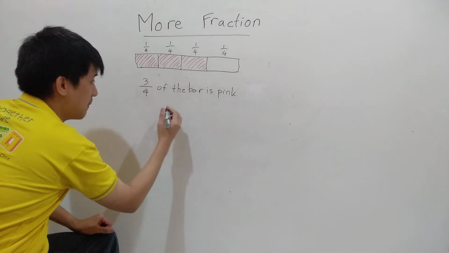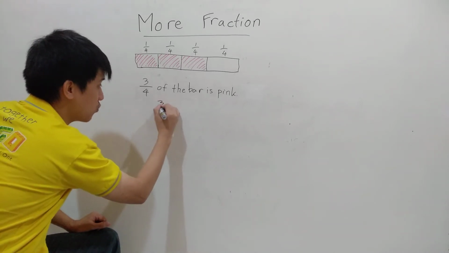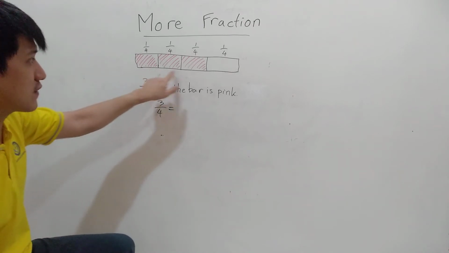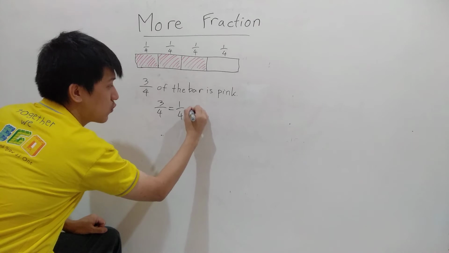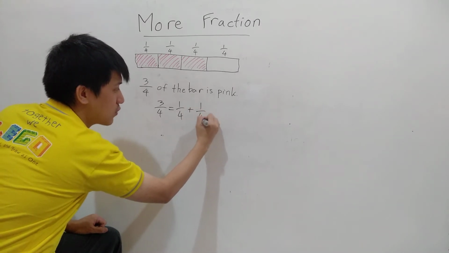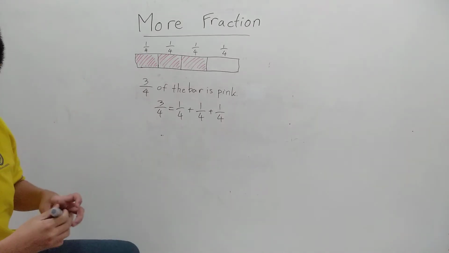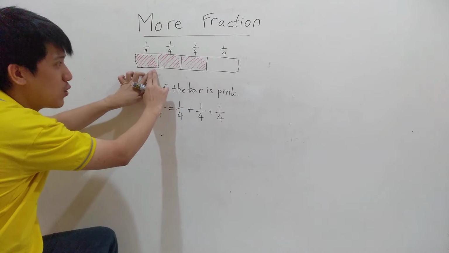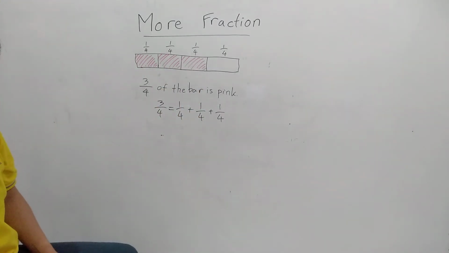Then we can make a conclusion: how do you get 3/4? Because I add all of them, right? I add 1/4 plus 1/4 plus 1/4. Am I correct? Because I have 1/4, I combine another 1/4, another 1/4. Now I have 3/4 of the bar is pink.